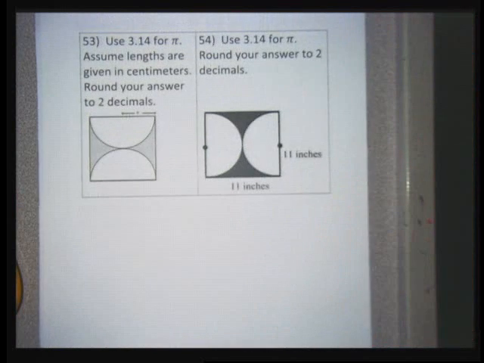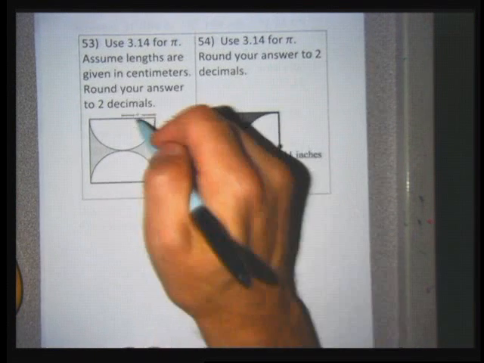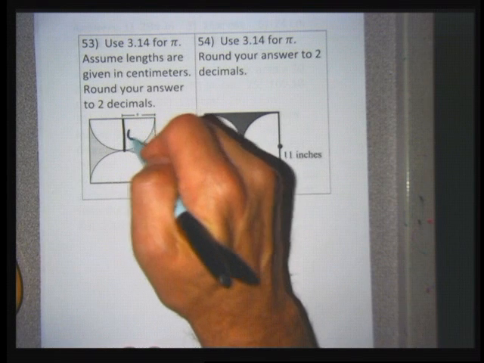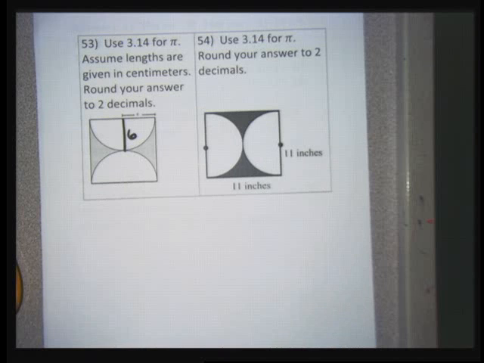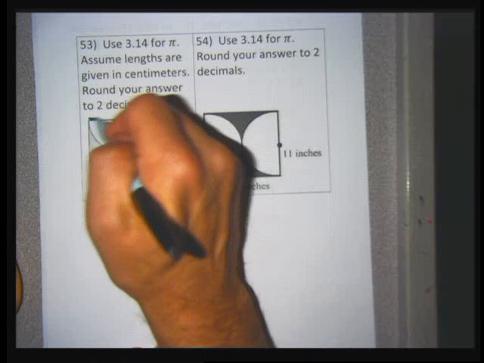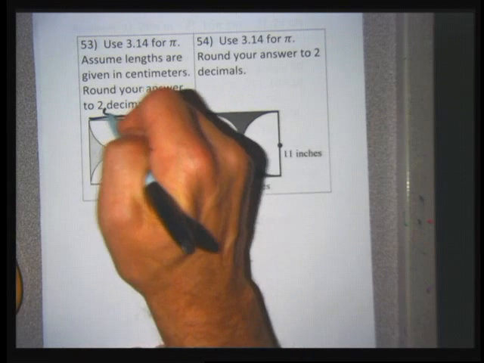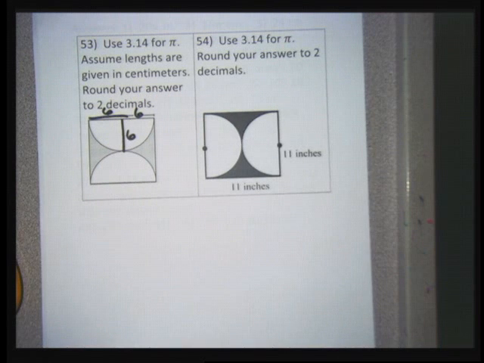53 and 54 work more or less the same. Not that you can read yours, but your circle is going to have a radius of 6, and this figure is a square. It's 6 halfway across, 12 all the way across.